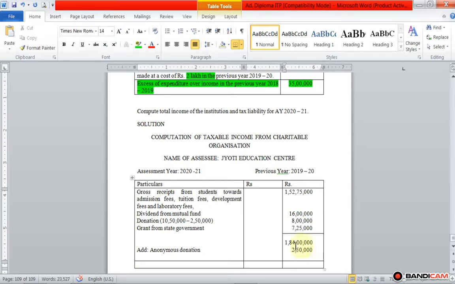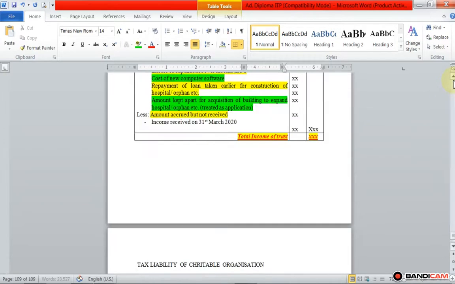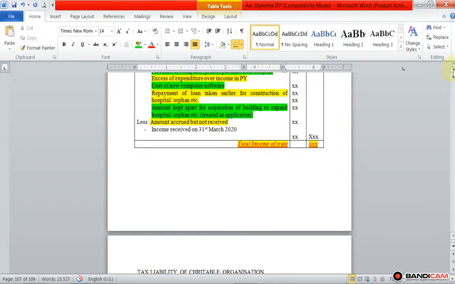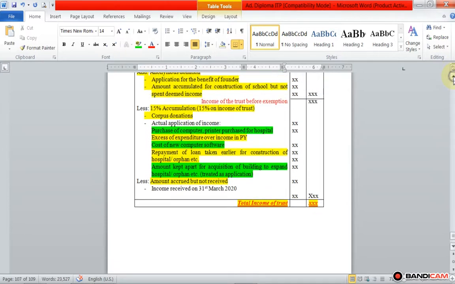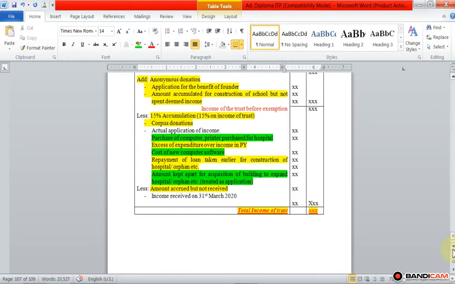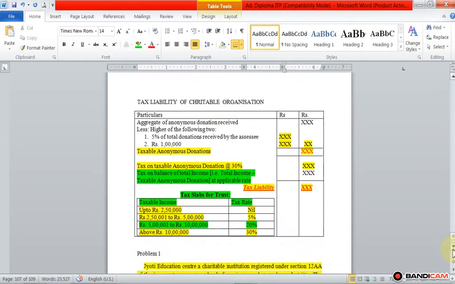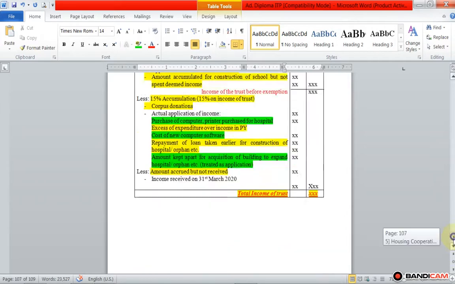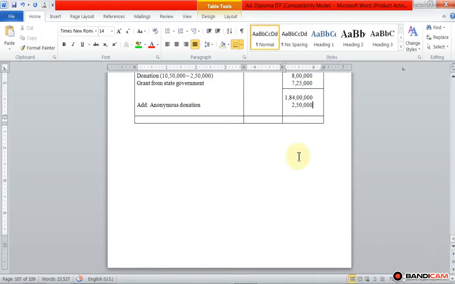Again make the total, because here in anonymous donation, then application or amount used for the benefit of the founder. Okay, so here amount used for the benefit of founder is given.